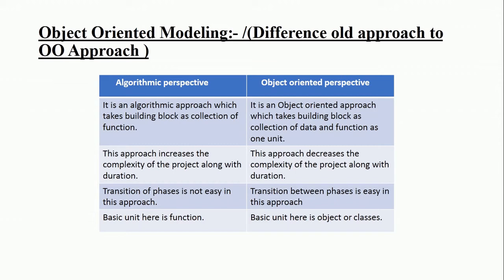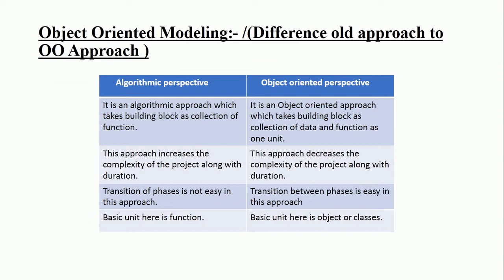The algorithmic perspective is an algorithmic approach which takes building blocks as a collection of functions. But the object-oriented perspective is an object-oriented approach which takes building blocks as a collection of data and functions as one unit.